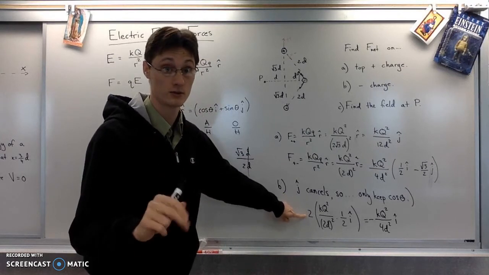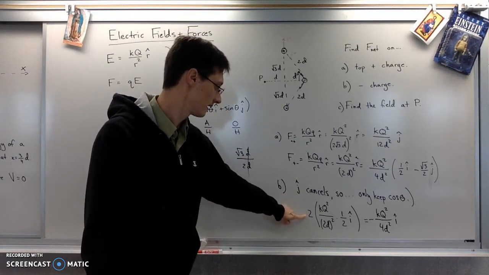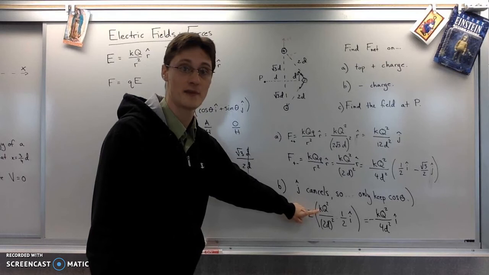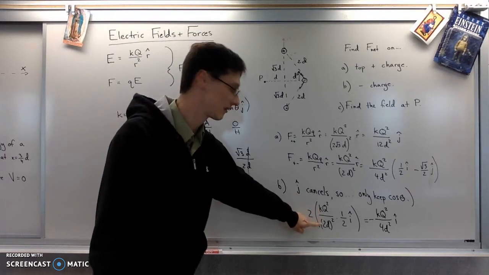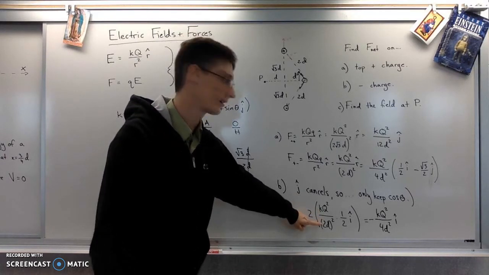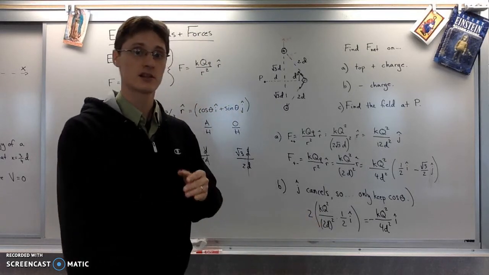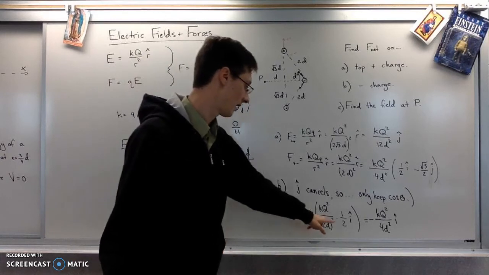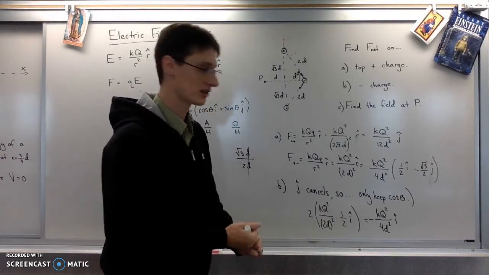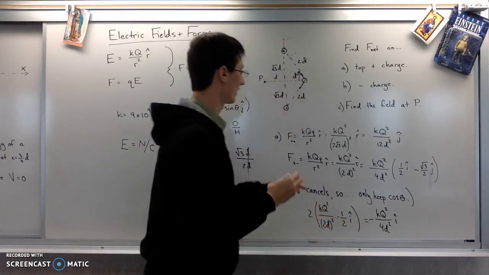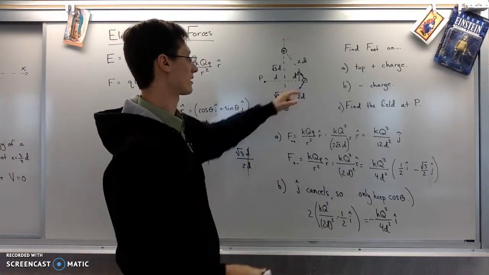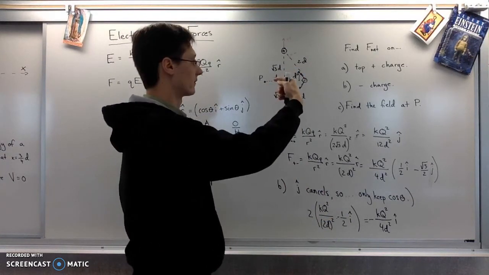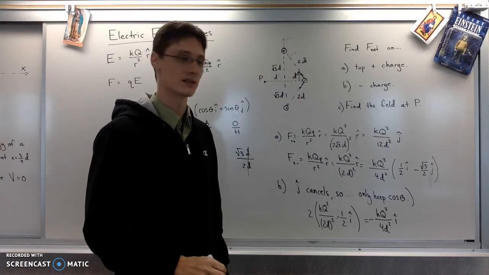There are two such force vectors. Each one is going to have a magnitude of kq squared over 2d squared. And since we're only keeping the i component, I'm going to multiply by 1/2. Really, it should be negative 1/2 because those two forces both are to the left, roughly speaking.